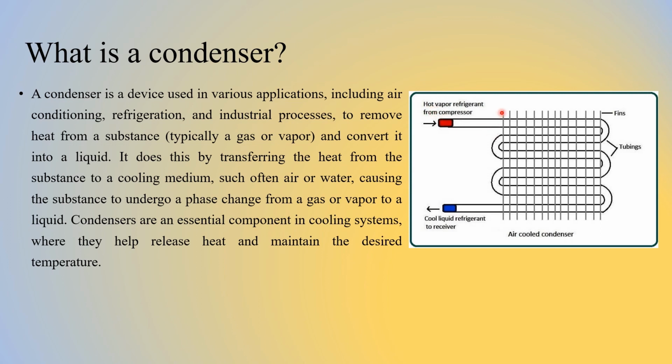You have seen a fridge. On the backside of that, you will see this type of condenser. So how does it work? Okay, see, here is the intake of the refrigerant that is in vapor form. This is the intake of the condenser, in vapor form.